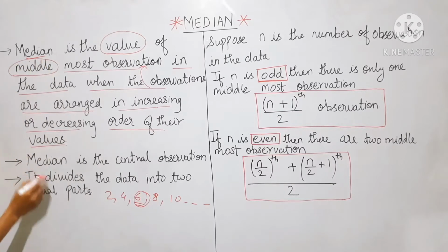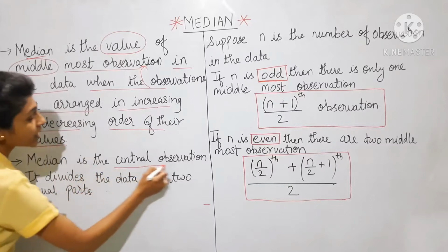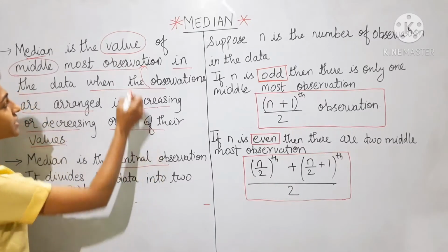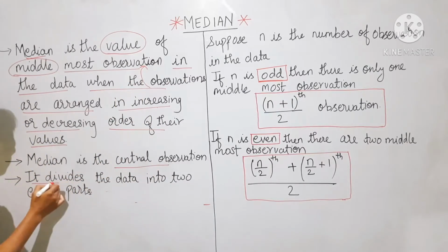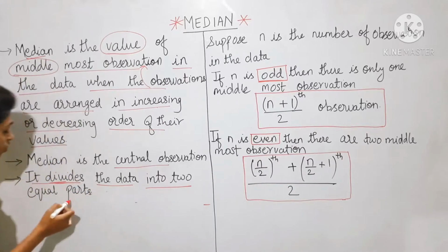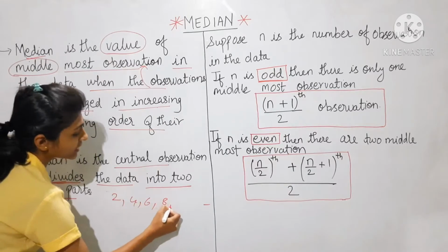So median is the central observation. Why are we calling it the central observation? Because it is the middlemost value, and the median divides the data into two parts. See, 2, 4, 6, 8, 10.